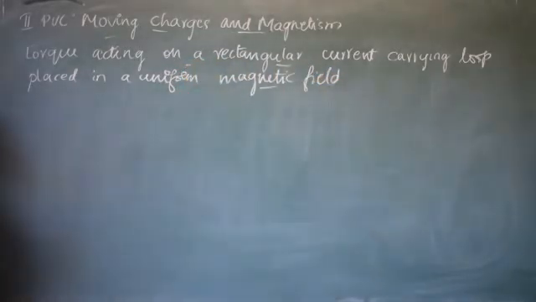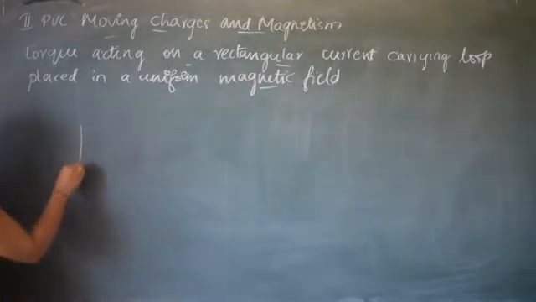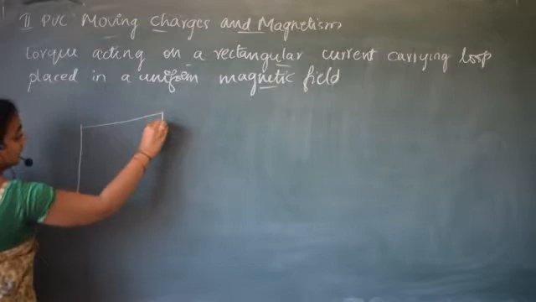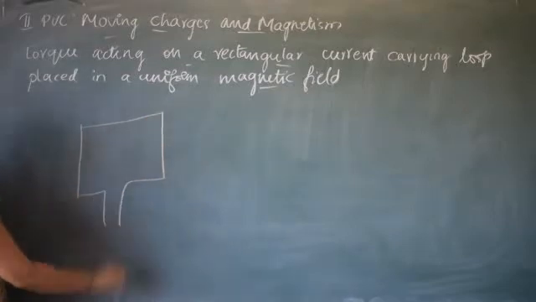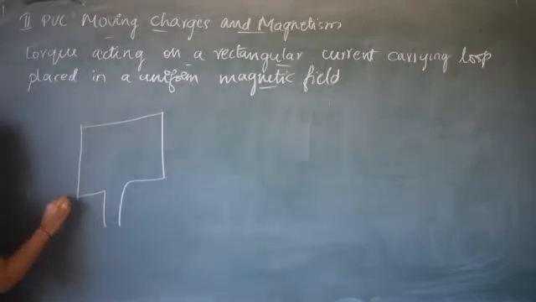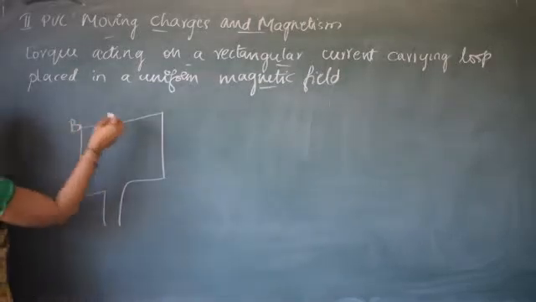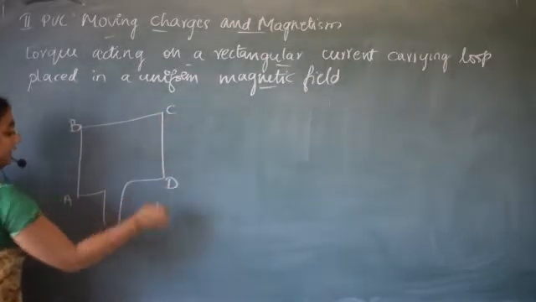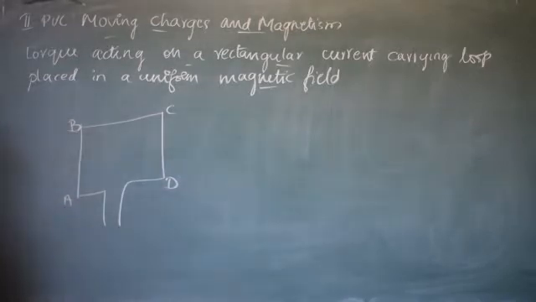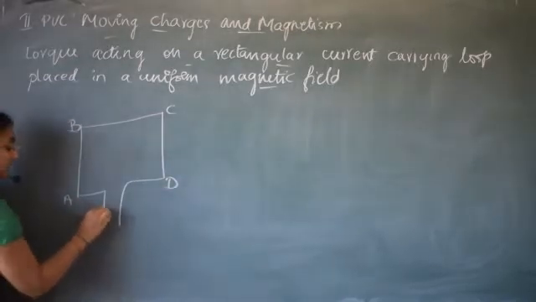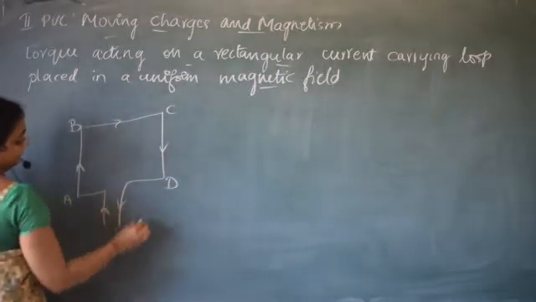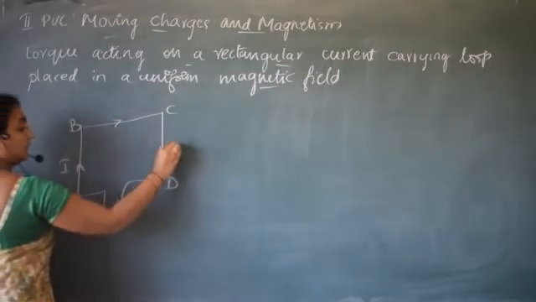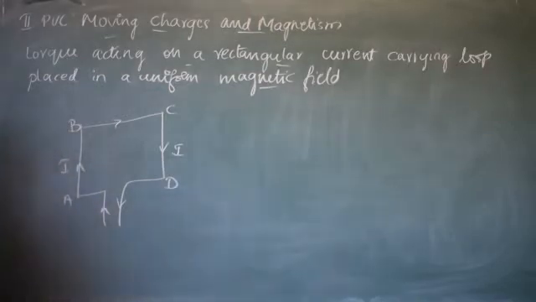Okay. So what we have to do is, let us consider a rectangular coil. Let me mark it as A, B, C, D, which is carrying the current I. Fine.